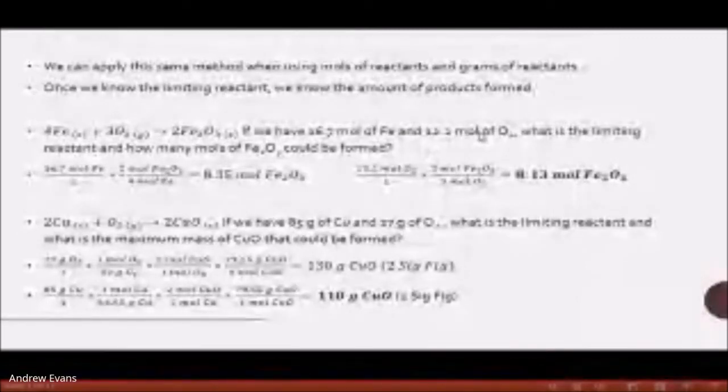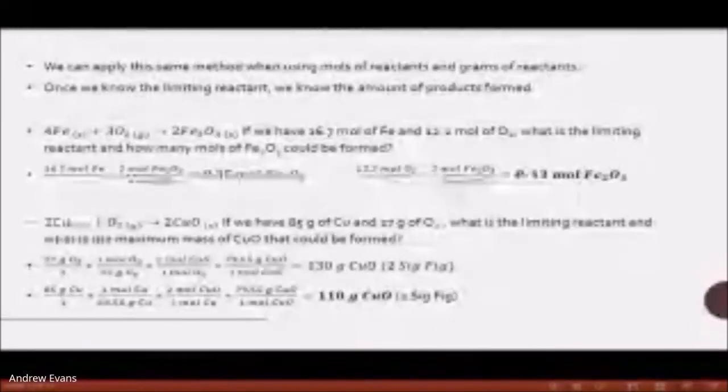And how many moles of iron oxide could be formed? Anytime you have a problem where you have two masses of reactants, you must think limiting reagent. If I just say I have 16.7 moles of iron with excess oxygen, then we only have to do it once. But anytime I give you both, it's oftentimes a limiting reagent problem.